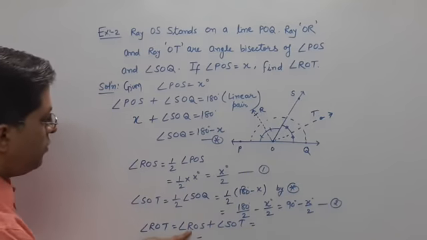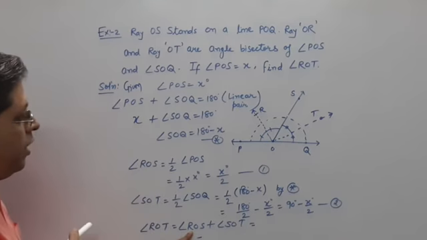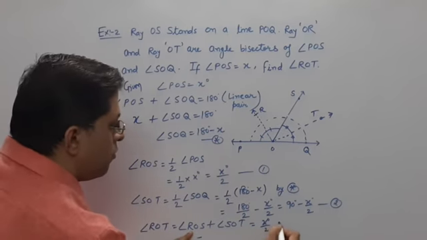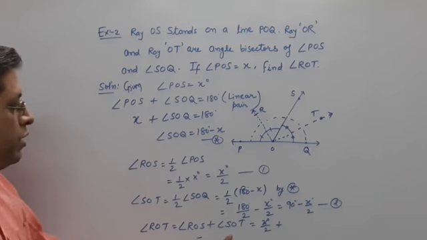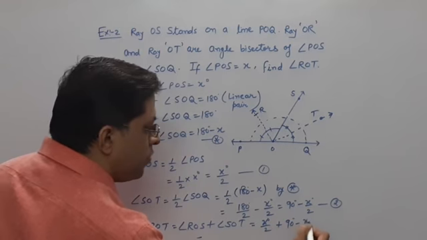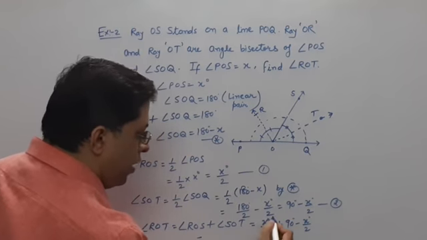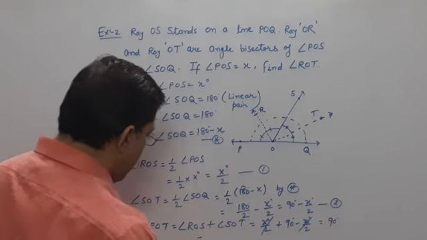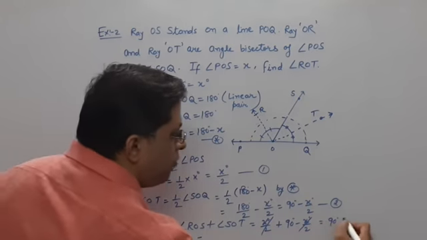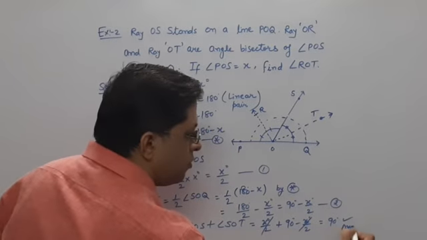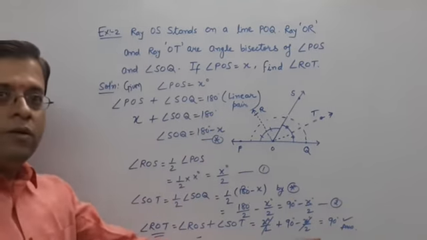ROS is clearly X degree upon 2, plus SOT is 90 degree minus X upon 2. X upon 2 and X upon 2 cancel, and it will come to 90 degree. Then ROT will become 90 degree, and this is your answer.